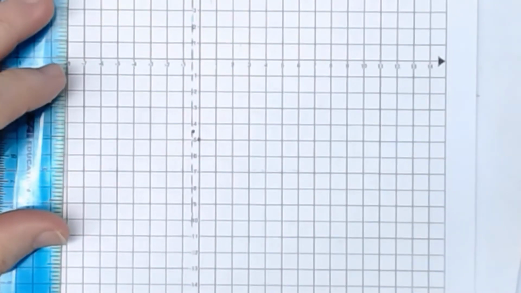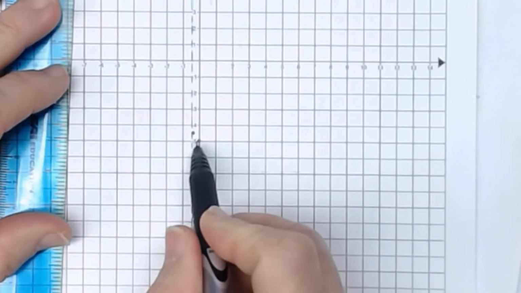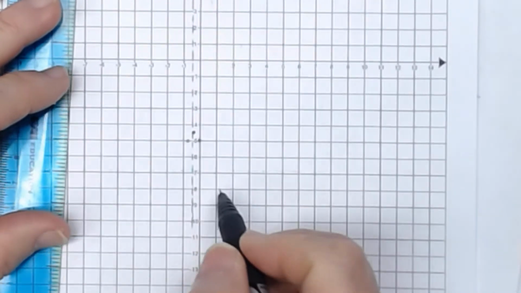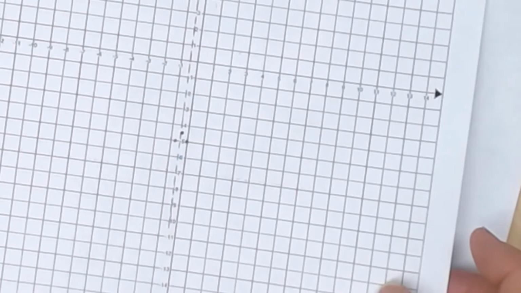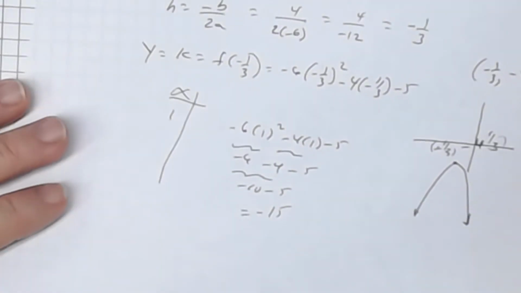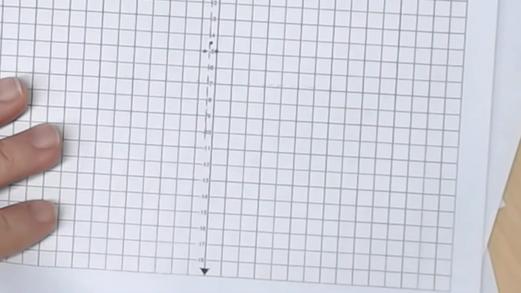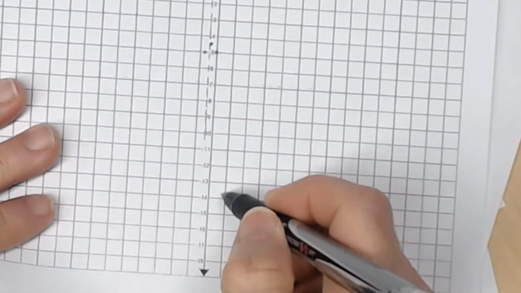And then we use the idea of symmetry now. So this distance here should be about the same as on this side, so it's about here. And then we found another point of the graph. So another point of the graph would be 1, negative 15. All right, so when I do that, I get this now. Look, 1, negative 15 is here.